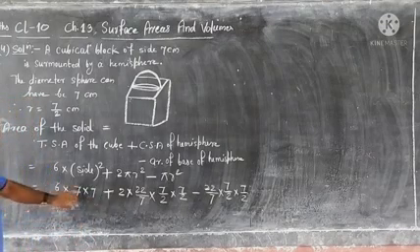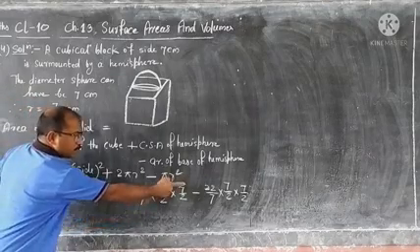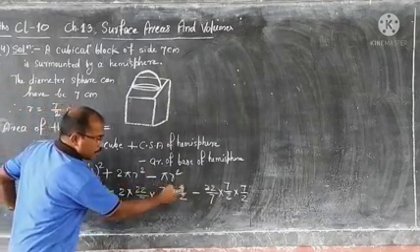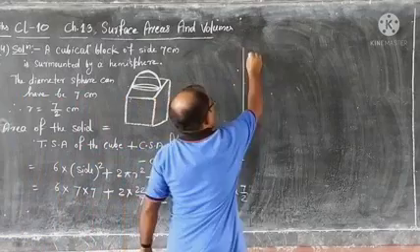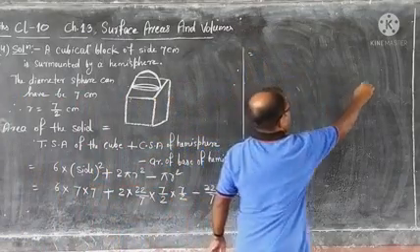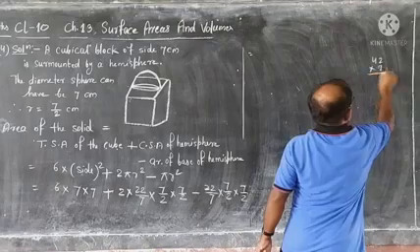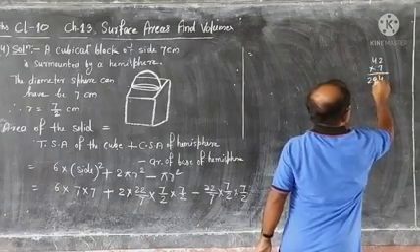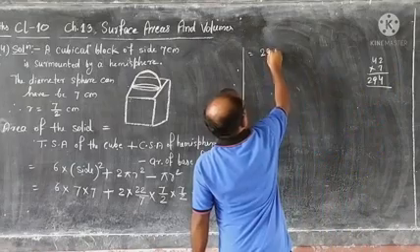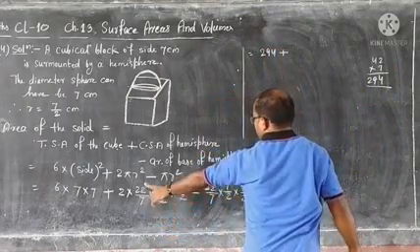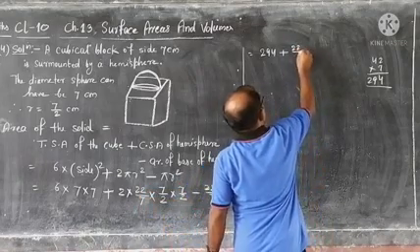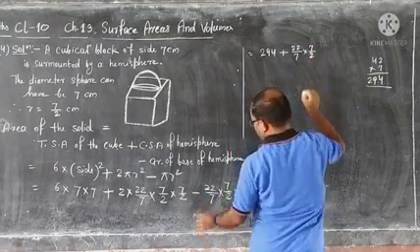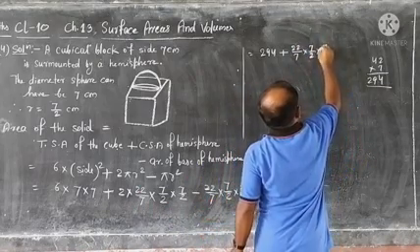So, here 6 into 7 into 7. 6 7s are 42, 42 into 7, 294. Plus, what we talked about, we will take common from these two: 22 by 7, 7 by 2, 7 by 2 is common.